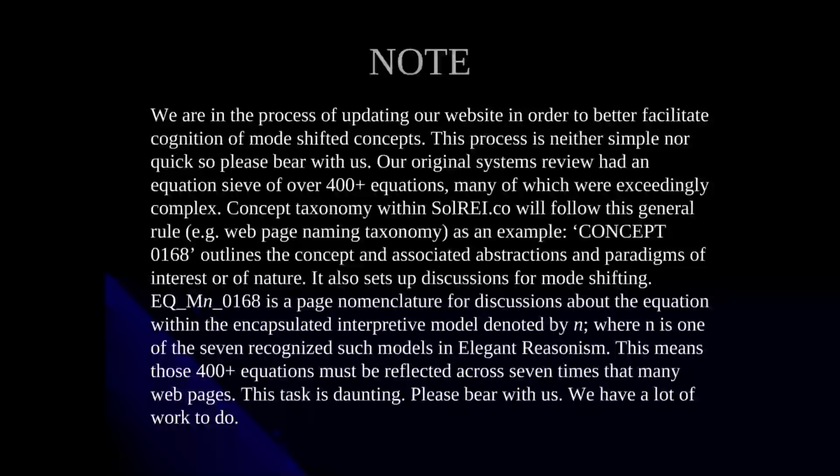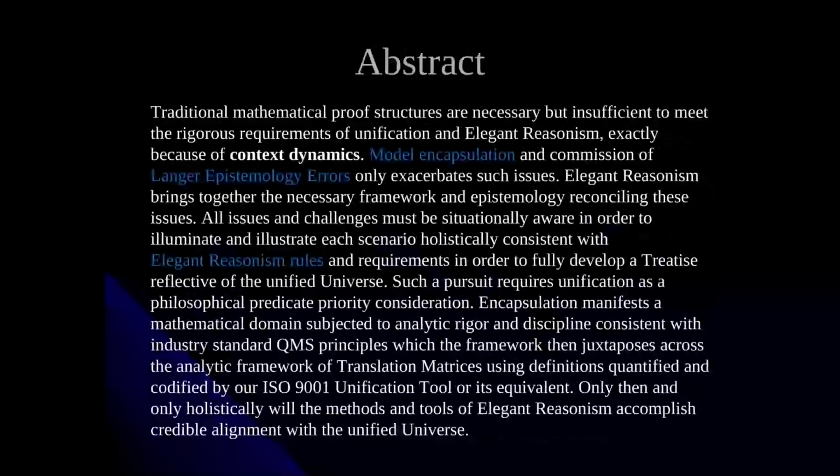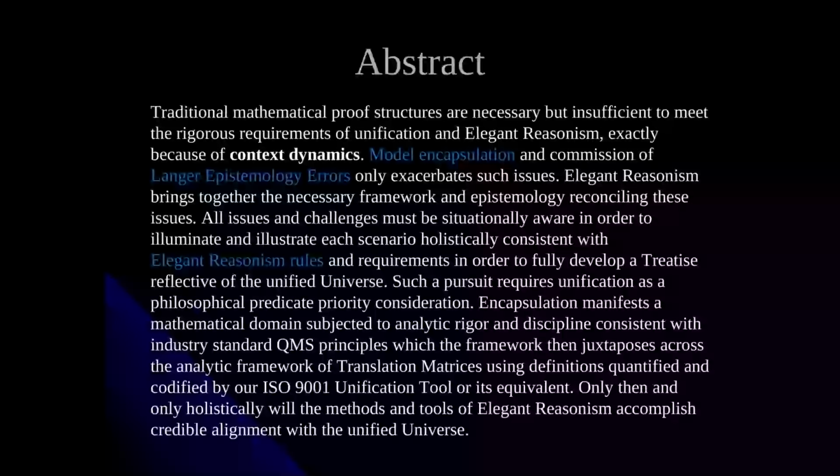So mathematical proofs have been around for hundreds and hundreds of years by now. The traditional mathematical proof structure is essentially the same, in the sense that you're trying to meet rigorous requirements and you're trying to articulate that.